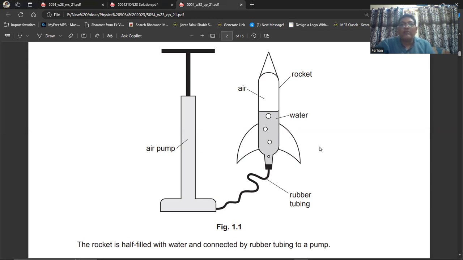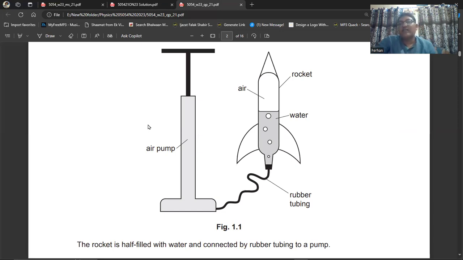To make the total momentum of this system zero, the rocket will move in the upward direction, because its momentum will then be upward. So the sum of the momentum of the upward moving rocket and the downward moving water will be zero, and the law of conservation of momentum will be obeyed.